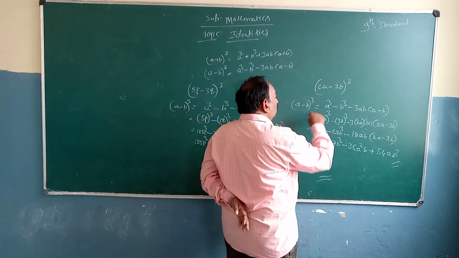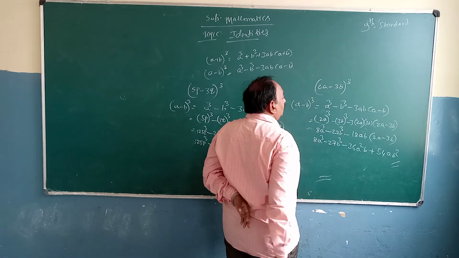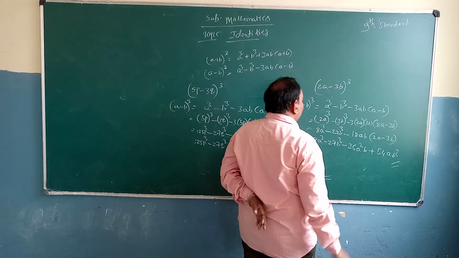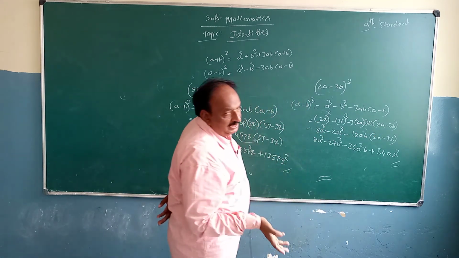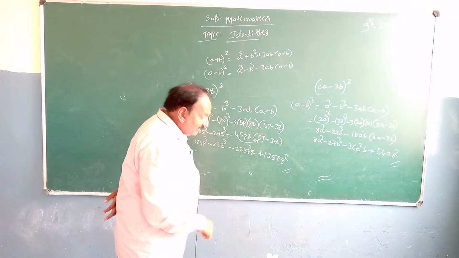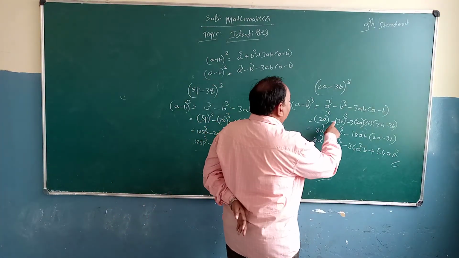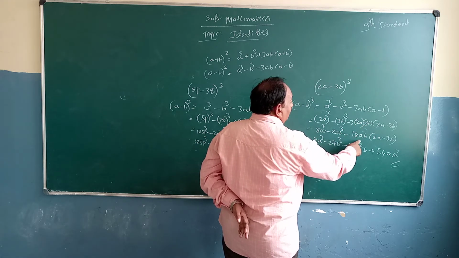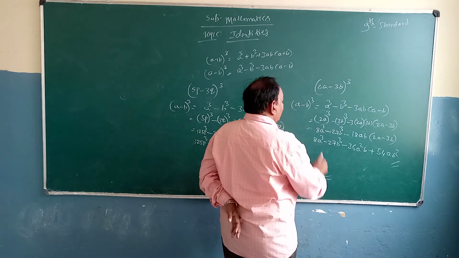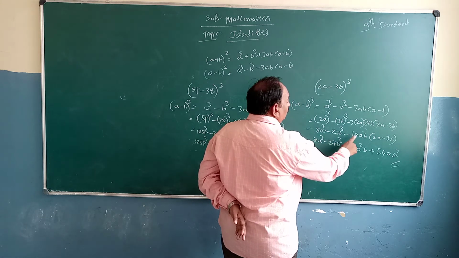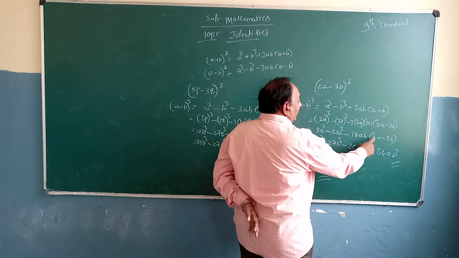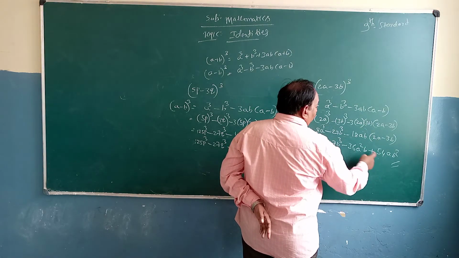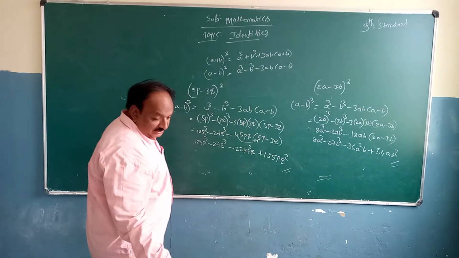A is 2a whole cube, b is 3b whole cube, 3 into a is 2a, b is 3b, into 2a minus 3b. 2a is multiplied by 3 times. 2 2s are 4, 4 2s are 8 a cube. 3 3s are 9, 9 3s are 27 b cube, 3 2s are 6, 6 3s are 18 ab into 2a minus 3b. 8 a cube, 27 b cube, 18 2s are 36, a into a square b, minus into minus plus, 18 3s are 54, a into b square, ab square.